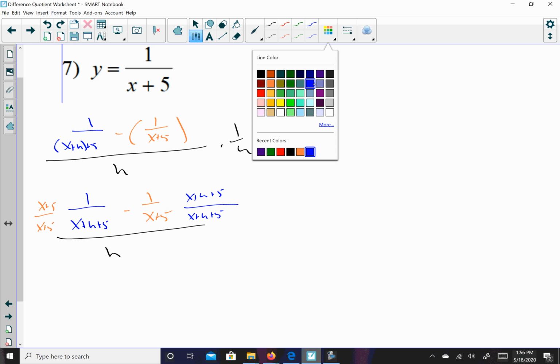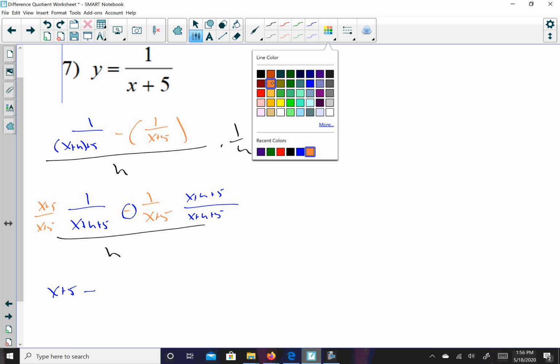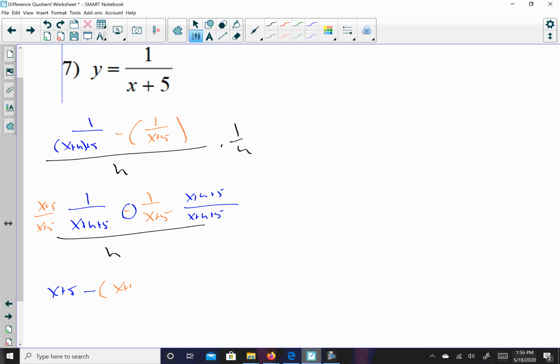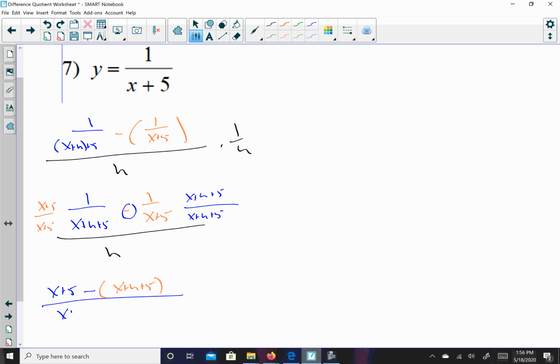So when I multiply this, I'm going to have x plus h. And then this one I have to be careful because this is really minus. And then I'll do this in parentheses, x plus h plus 5. And then over my denominator, which is x plus 5 times x plus h plus 5.